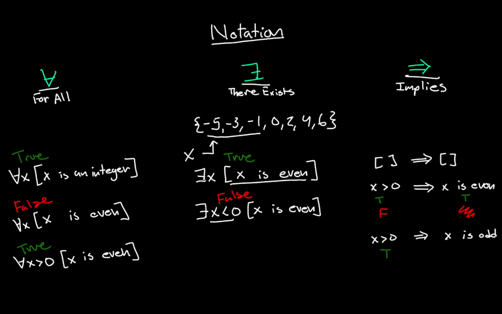So that means this is false, and we can't have this match. If this is true, this has to be true, and that's what this symbol is saying. So this overall statement is false.